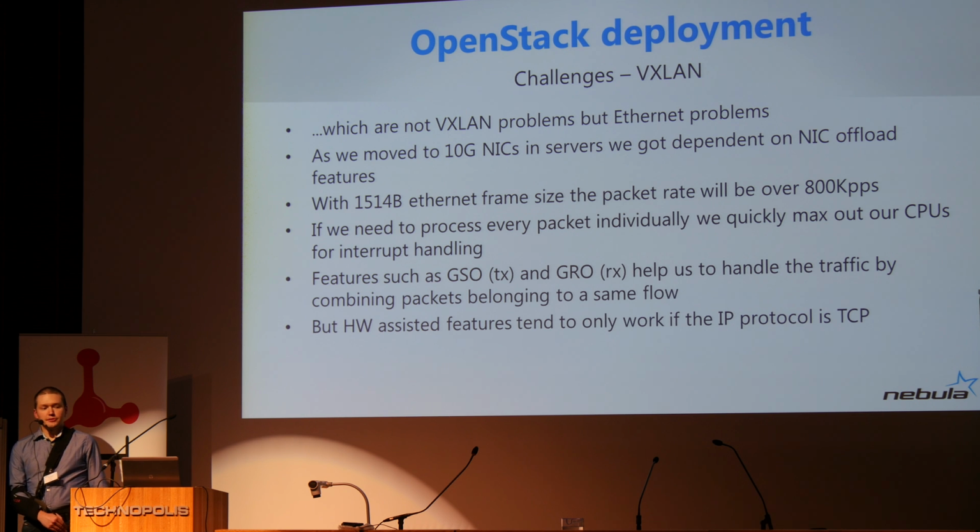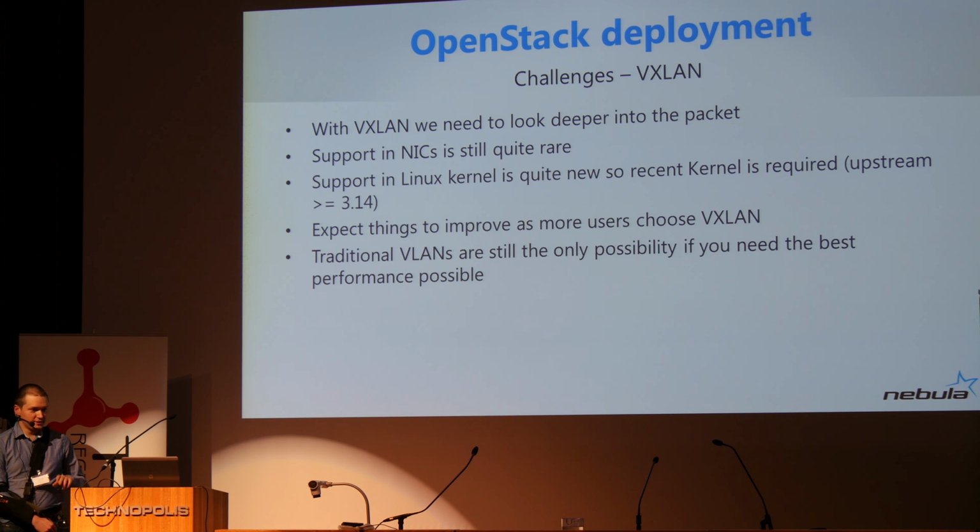But these features, which are implemented in the NICs, usually work only when you have TCP directly next to the IP header. And with VXLAN, you have the outer UDP header, then the VXLAN header, then the inner Ethernet header, inner IP header, and then perhaps TCP. So with VXLAN, you need to look deeper into the packet, and this support in NICs is still quite rare.